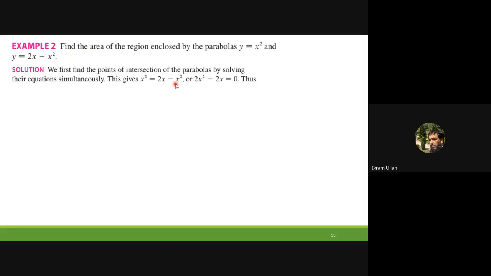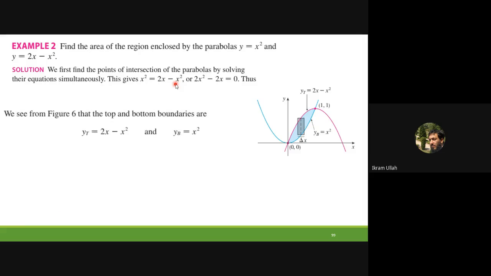From here, taking 2x common, 2x times (x minus 1) is equal to 0. From here we can write x is equal to 0 and x is equal to 1, which are the two roots of this equation.